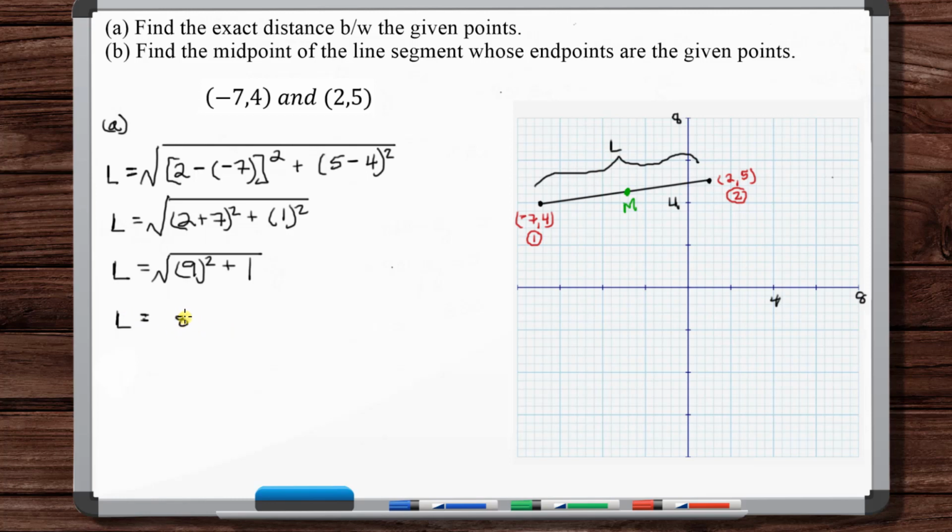So this is 81 plus 1. This is root 82. So this is your L.